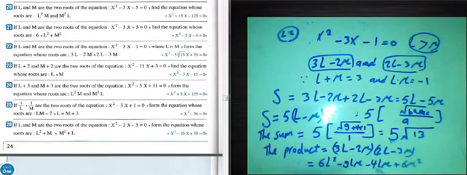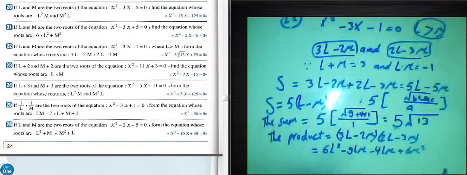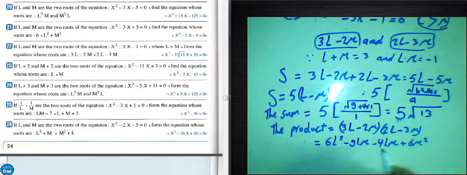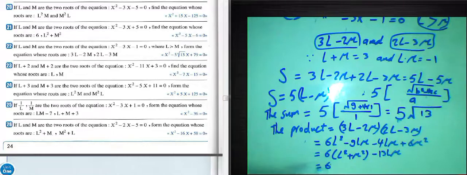We can find the result: 6 parentheses L power 2 plus M power 2, negative 4LM, negative 9LM equal negative 13LM. We can simplify that. Write 6 here, L plus M to power 2 subtract 2LM.